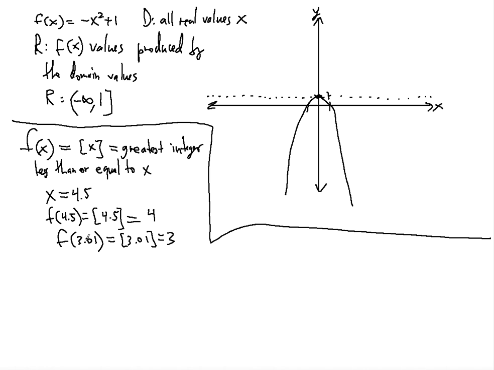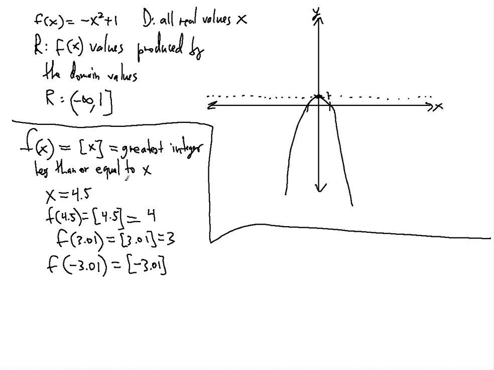So basically, whenever you have a whole number and something just a little bit bigger, let's think of integers. So let me give you a negative number, let's say negative 3.01.